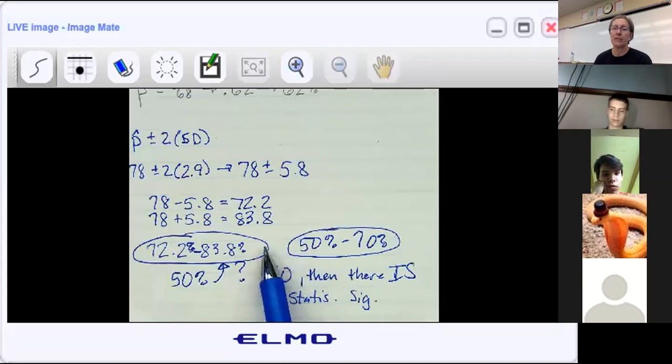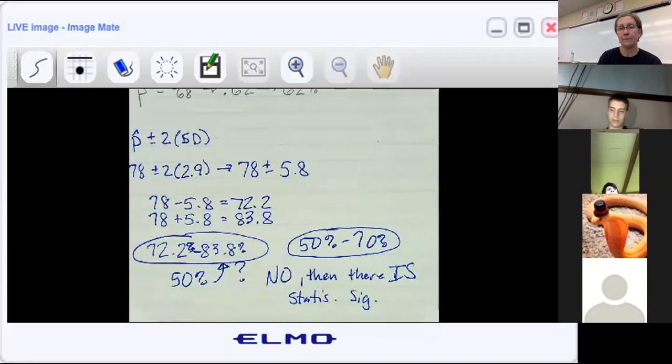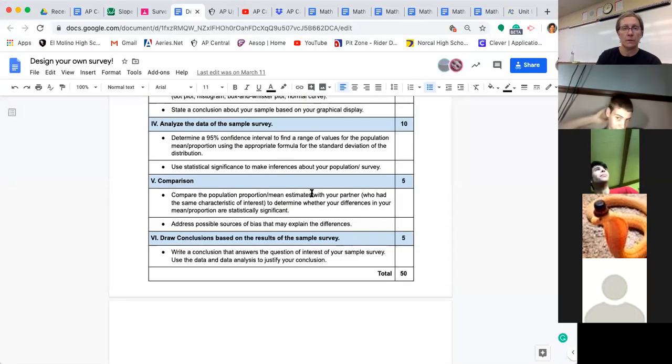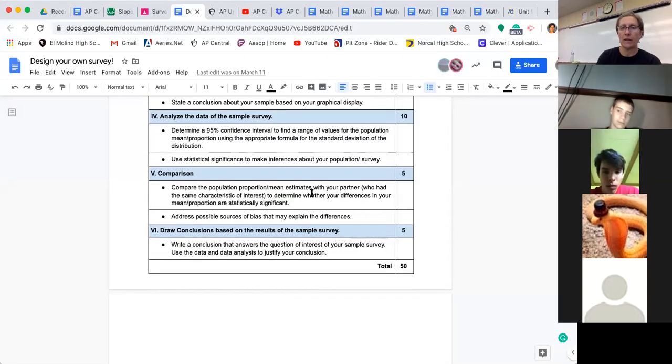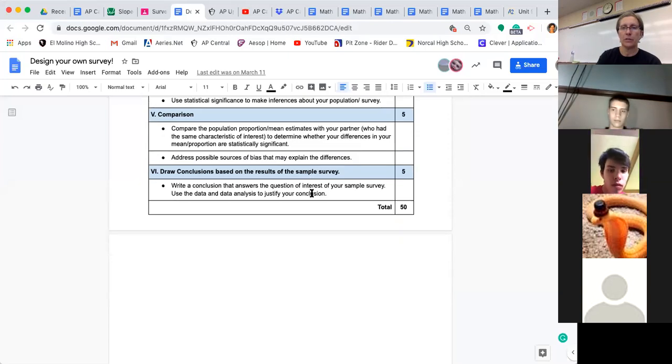And if they do overlap, then you would say because the confidence intervals do overlap, there is not statistical significance. Which means that basically your findings are similar to each other. And again, if you don't have your partner's data to look at right now, you could always look back at this video later.